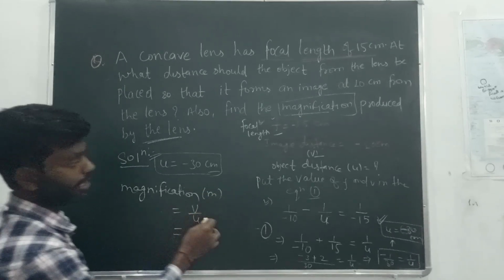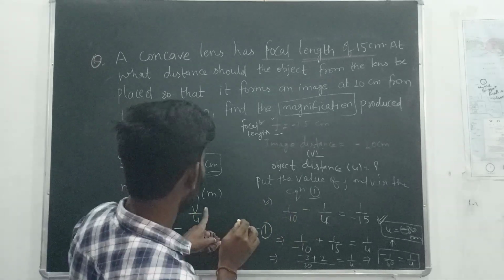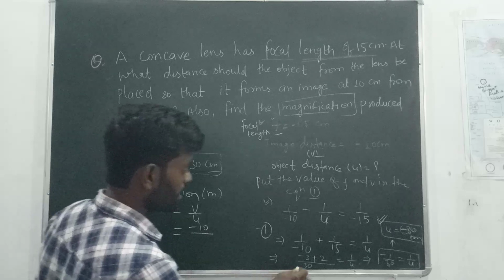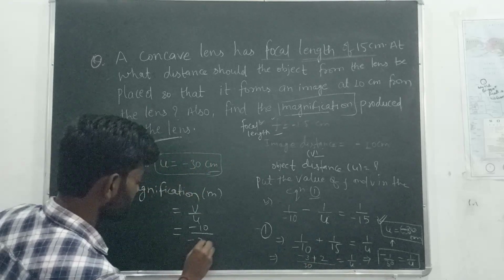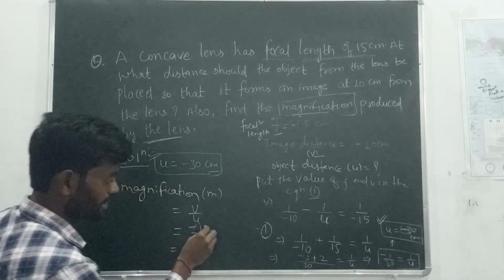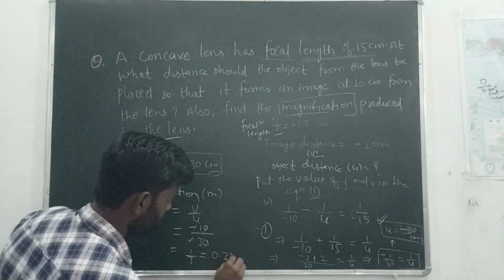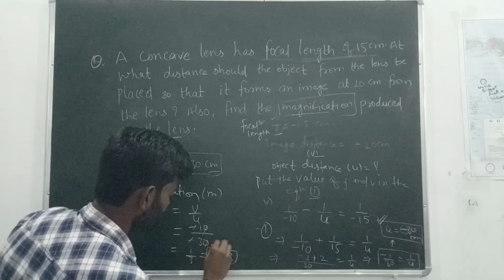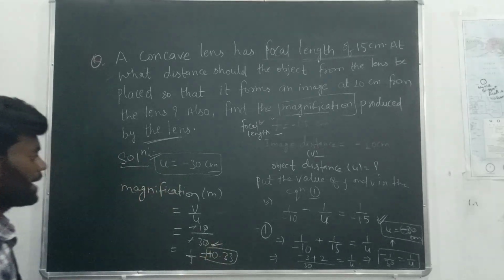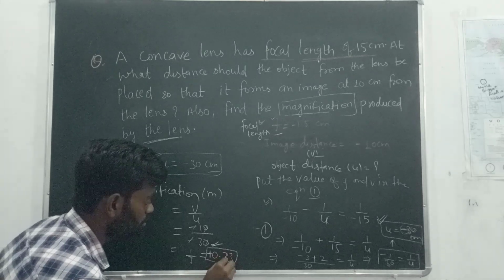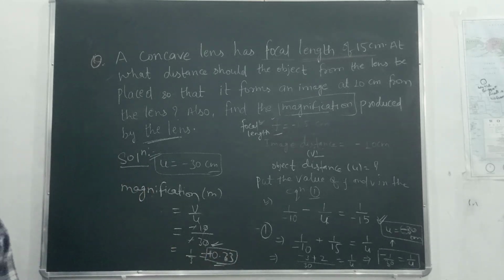We have v equal to minus 10 and u equal to minus 30. The minus signs cancel out, and 1 upon 3 equals 0.33, but positive. So the magnification is 0.33.